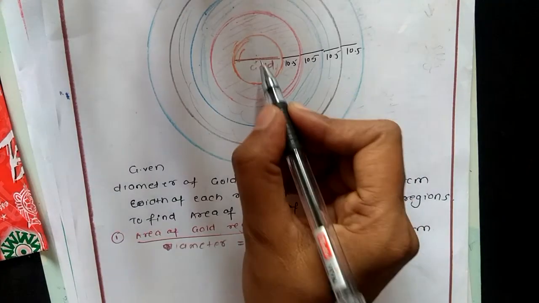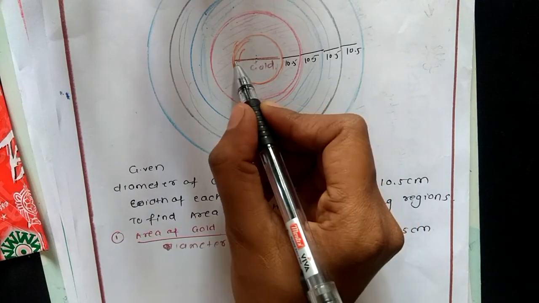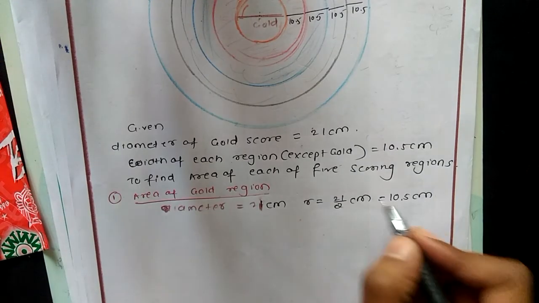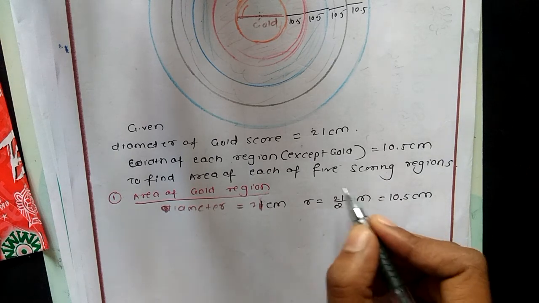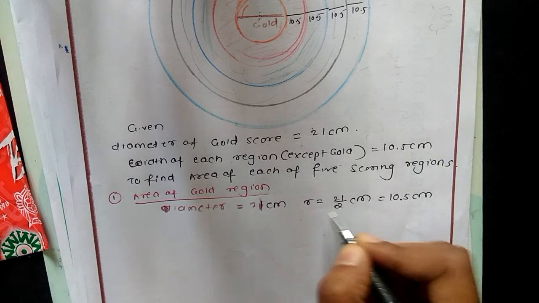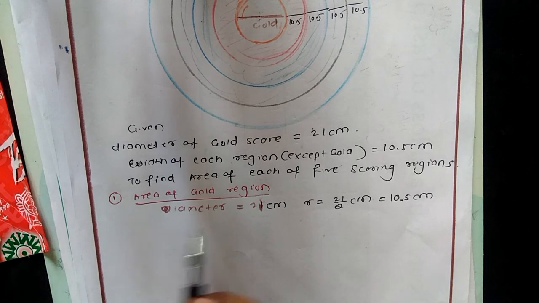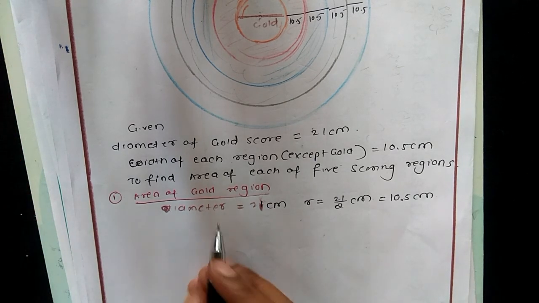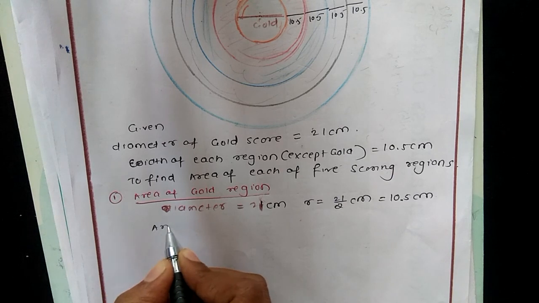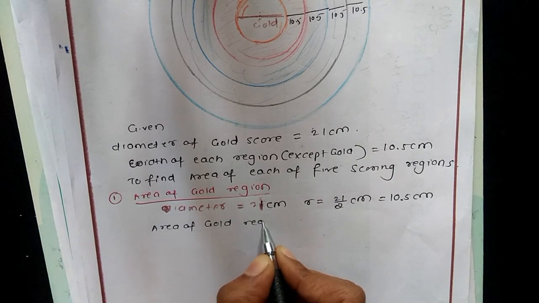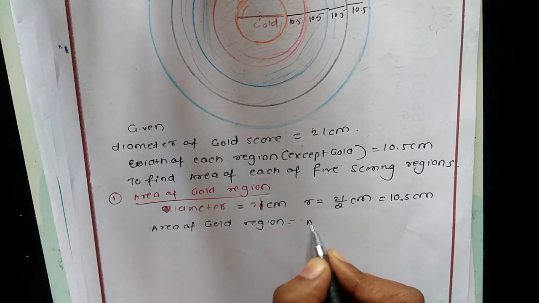You can see each has the same width, but here, with both the sides, we have got the diameter as 21 centimeter. Whenever it is necessary you can take the fractional form of the radius, otherwise the decimal form. Now we'll find the area of the gold region. The area of the gold region is pi r square.